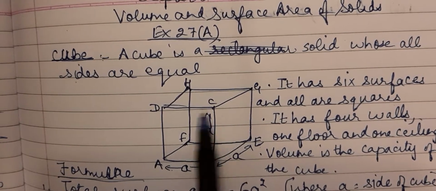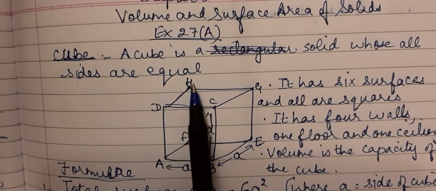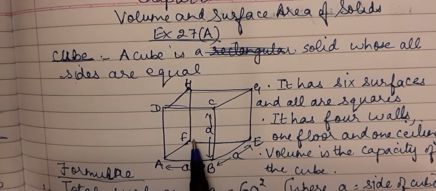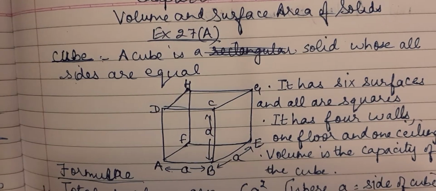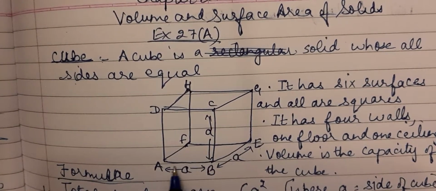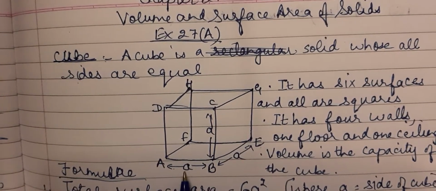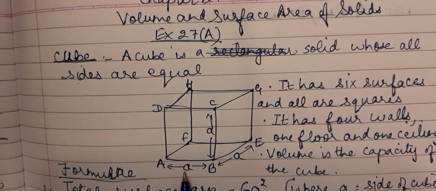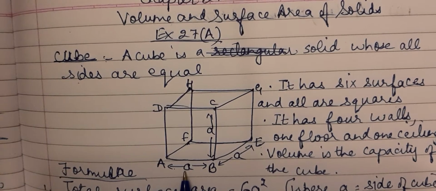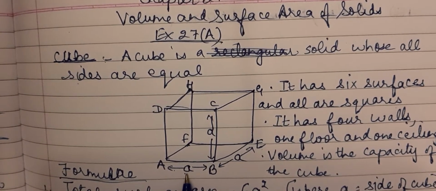It is A, B, C, D, H, G, E, F. This is a cube. You see that the length of the cube is also A. You can say A units. It depends what is the dimension given in the question, whether centimeter, millimeter, or meter. So at present I am using units.